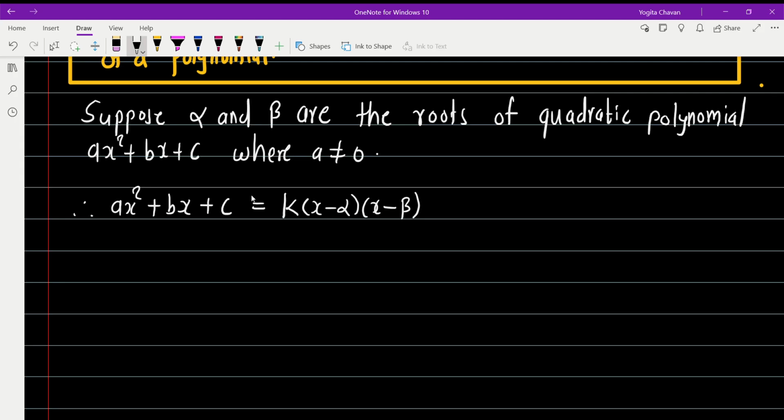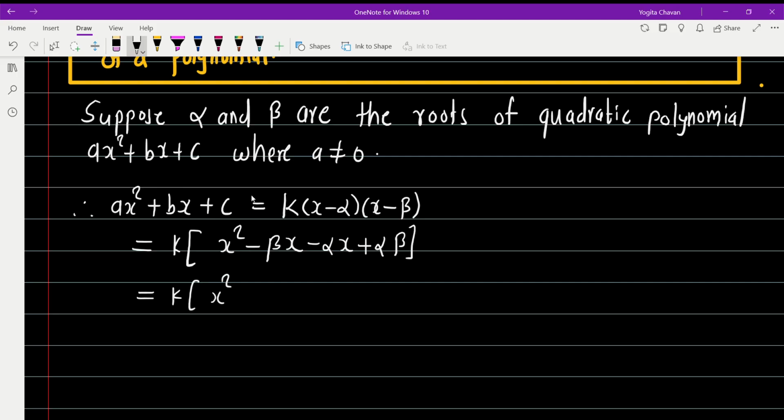So simplify the right hand side. It is equal to k in bracket, x minus alpha into x minus beta. So x into x is x square, then x into minus beta is minus beta x. Now minus alpha into x is minus alpha x. Now minus alpha into minus beta is plus alpha into beta. So it is k in bracket, x square.